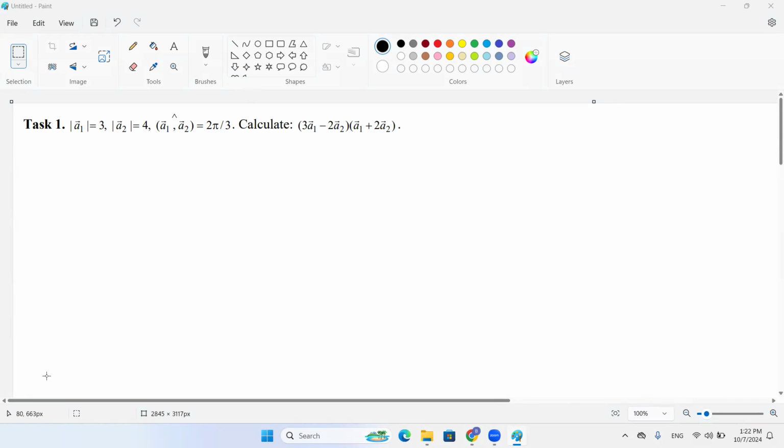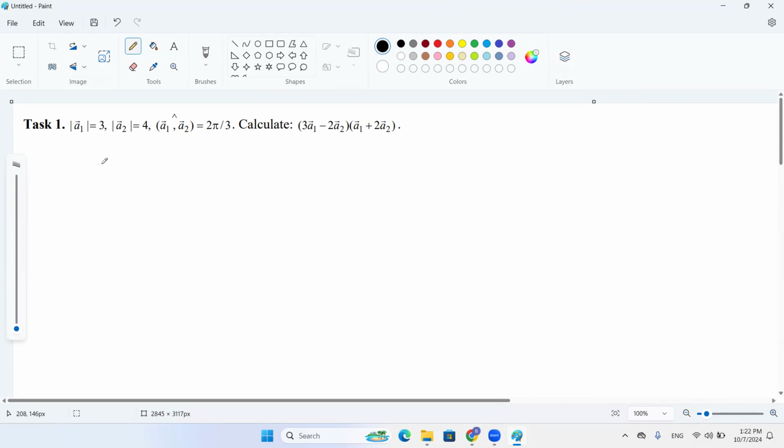Which properties of the scalar product are we going to use in this task to calculate such a product? I think it can be used if vectors are perpendicular, so the scalar product is 0. But we cannot be sure that these vectors are orthogonal.